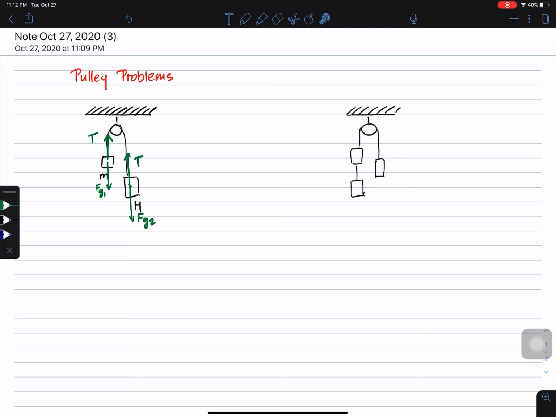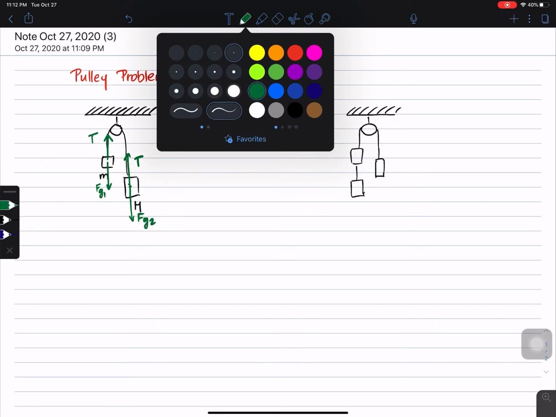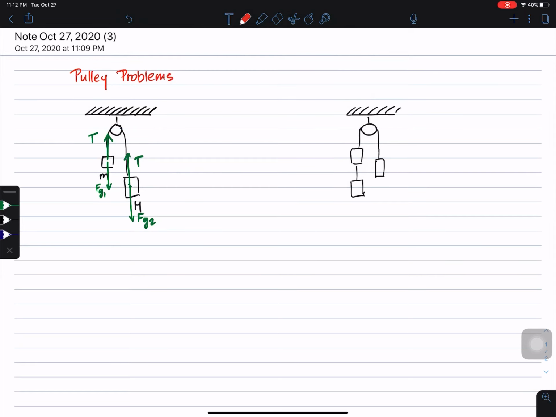The next thing is we're going to decide where we think this is moving. We can widely guess, but I think it would be extremely intuitive to say, I think it's going to move this way. I think it's going to accelerate this way. And what I'm going to do here is write little notes and say, this means that this object needs to be moving down and this one's going to move up, right?